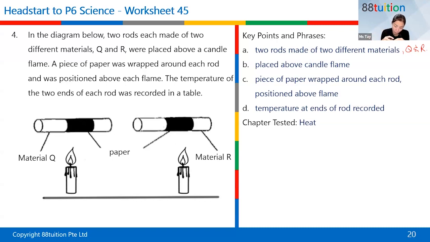And then for the rod with material R used to make it, maybe the temperature is about 100 degrees Celsius. Then they will ask you another thing. Okay, which one is a better conductor of heat? So they will ask questions like this. Very much possible. Okay. So the topic that you are tested on is heat.